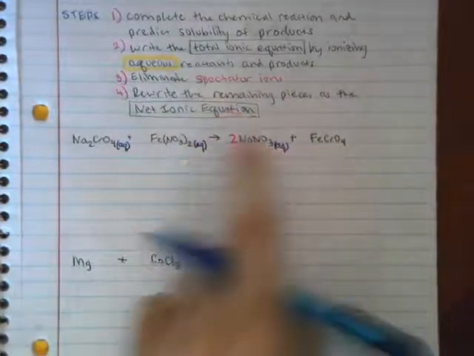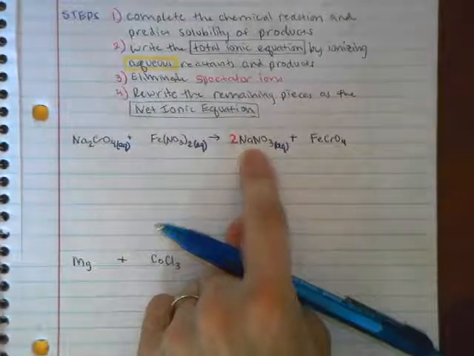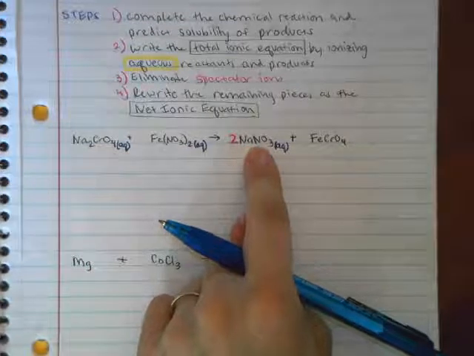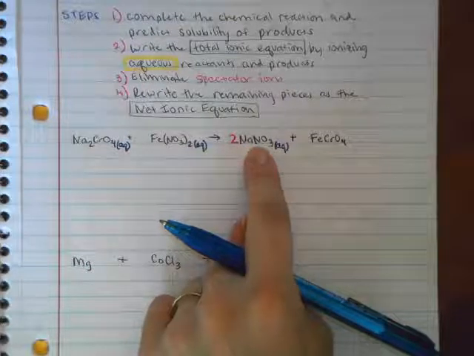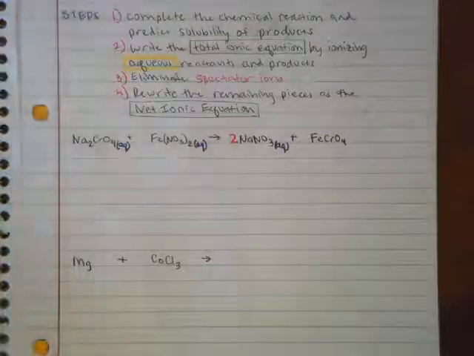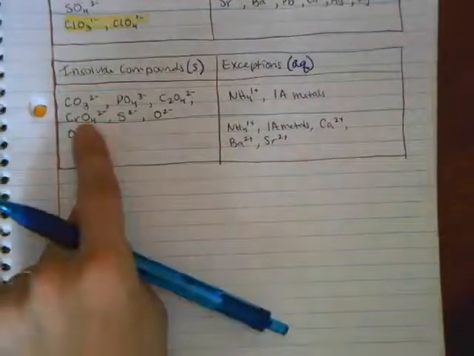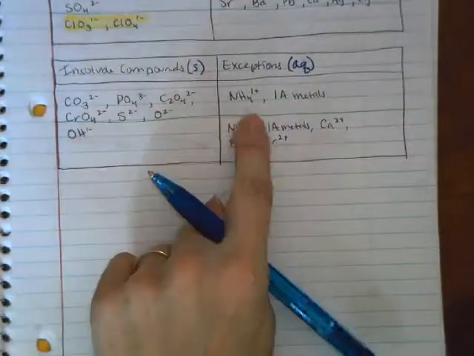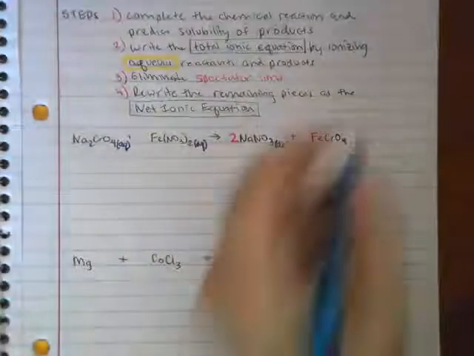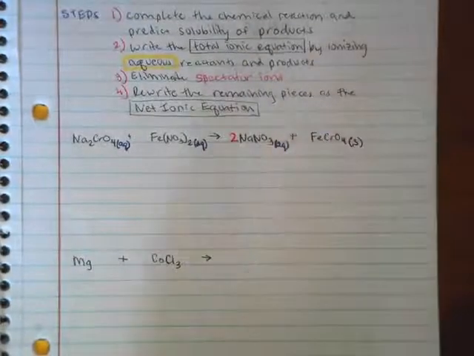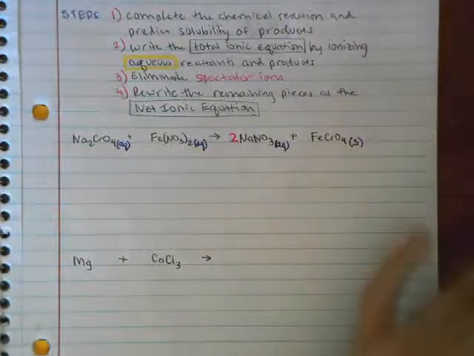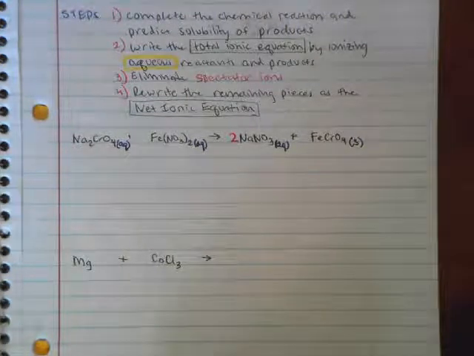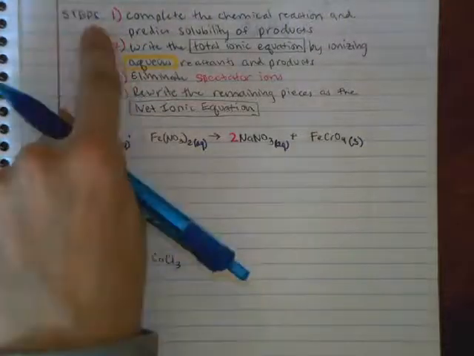When I mix them together, sodium nitrate is another aqueous compound, so this will never actually form. It will just be a bunch of ions floating around. Iron chromate, however, all right, there's chromate, it's typically insoluble. Iron is not an exception, so this will form a solid compound. Okay, so you should be very good at that at this point. Okay, so that's number 1 completed.